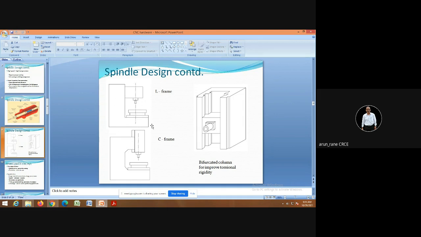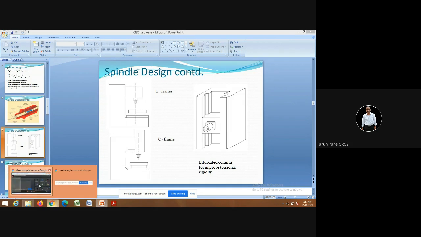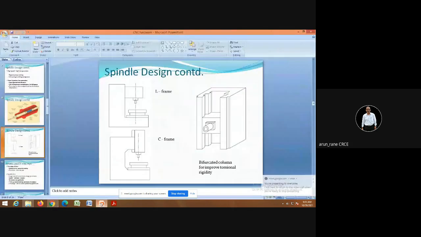So this improves the torsional rigidity, so the distortions and bendings are less.